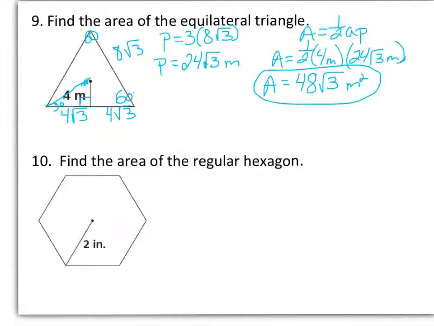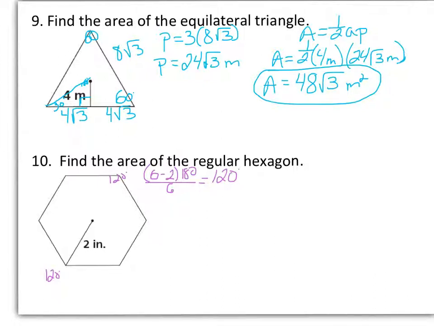In number 10, we're going to find the area of the regular hexagon. Okay, so remember, in a hexagon, we want to find first the measure of each interior angle. So we'll take 6 minus 2 times 180 divided by 6. So each angle is 120 degrees. So that's the entire angle down here. I am given a radius of 2 inches.